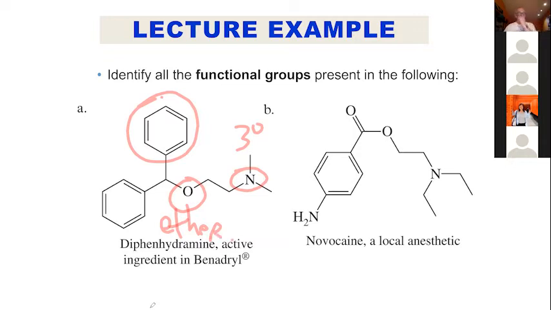So diphenhydramine is actually an ether. So Novocaine, anyone working in a hospital or in a dentist's office certainly is familiar with Novocaine. Where are our functional groups there? Is there a ketone?